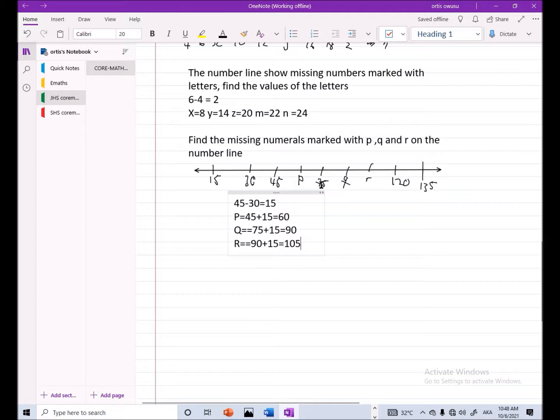So 75 plus 15 gives you this, and that is it. And that is how you are going to solve the problem, right? So simple and cheap. It's not difficult at all.